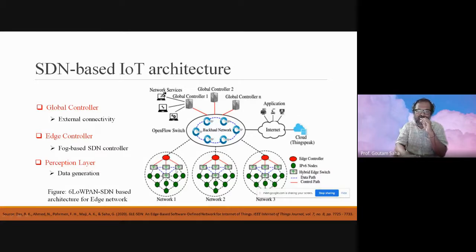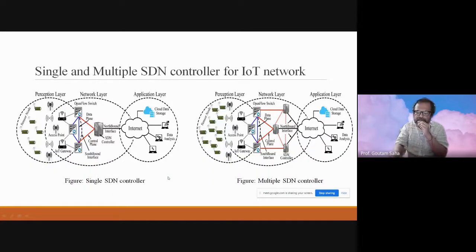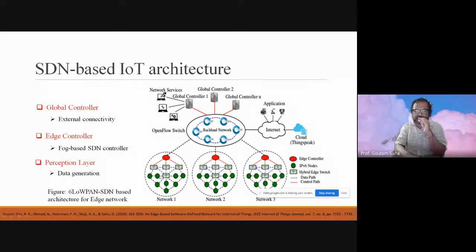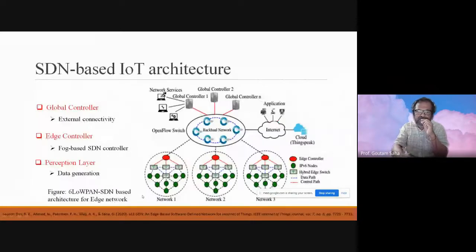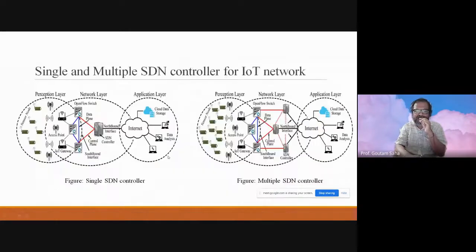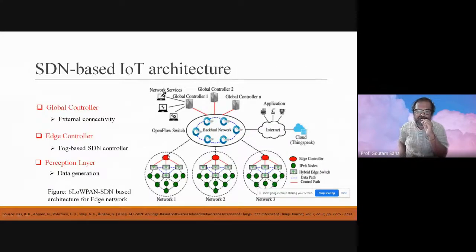Now, if Shillong wants to communicate with Calcutta, some data has to be communicated to Calcutta. What will happen? This controller will not get the address. This controller cannot solve the problem. It doesn't have the address for it.